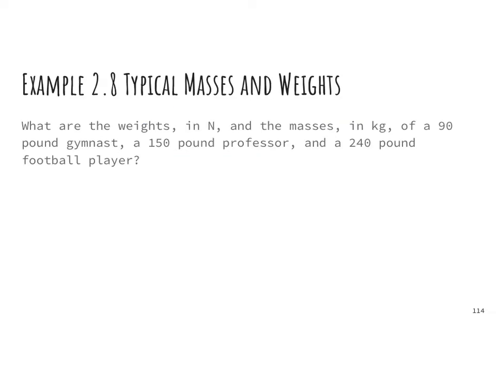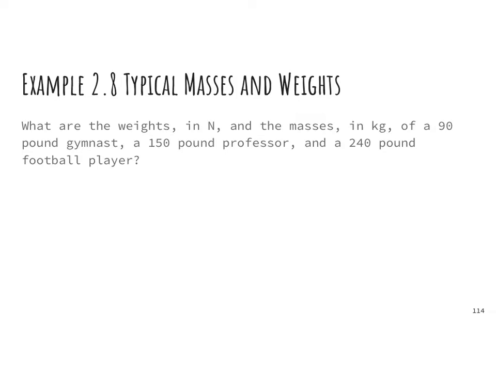So let's start off with a quick example: what are the weights in newtons and the masses in kilograms of a 90-pound gymnast, a 150-pound professor, and a 240-pound baseball player? And I'm sorry, football player. In this case, we're just doing conversions. So I'll just set up the first one.